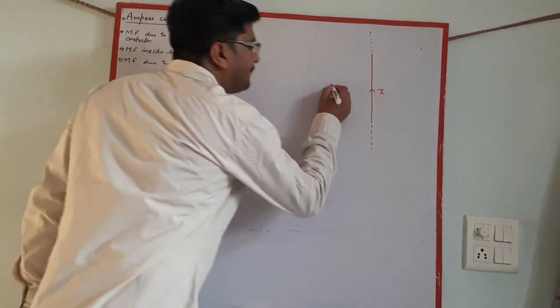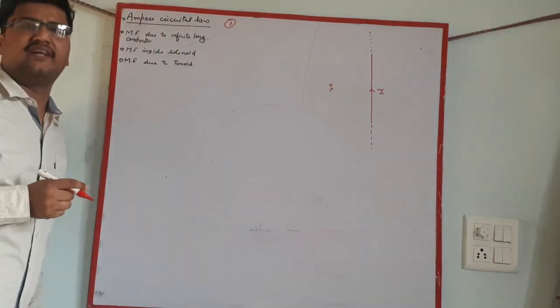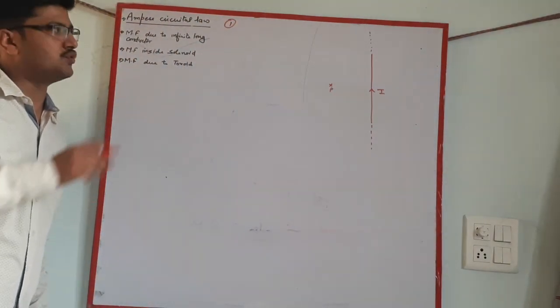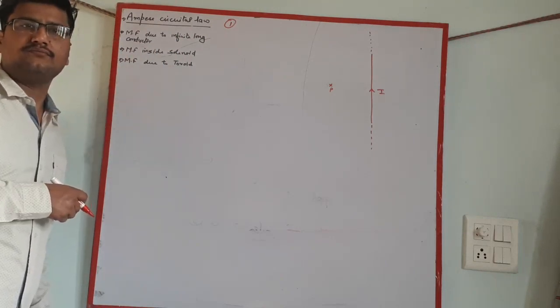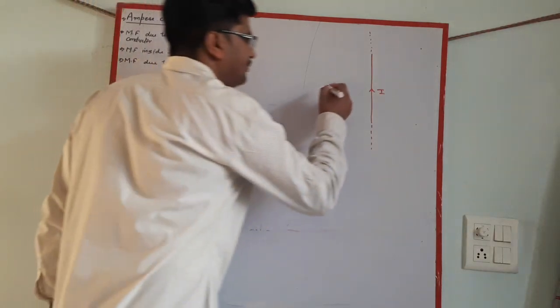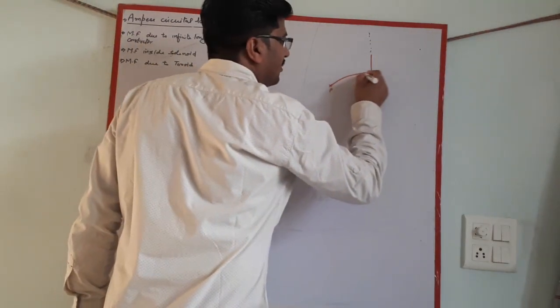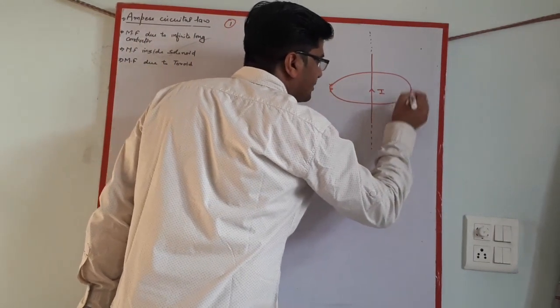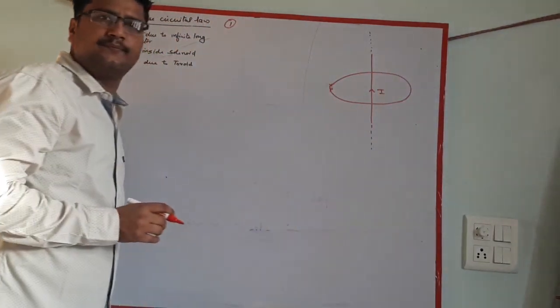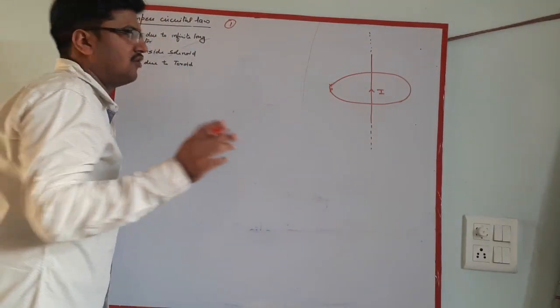Let P be any point where the magnetic field is to be found out due to this infinite long current carrying conductor. Draw the Gaussian loop, draw the Amperian loop enclosing the current element and passing through point P.